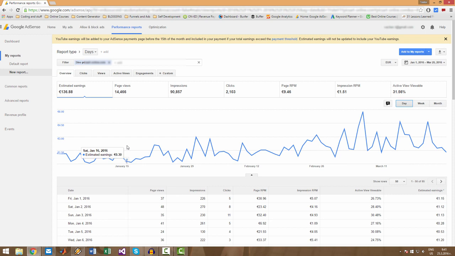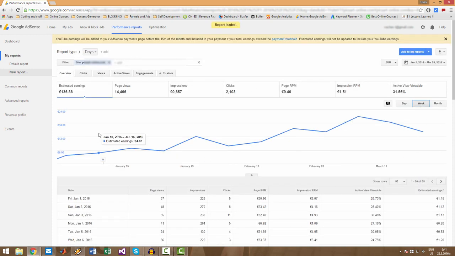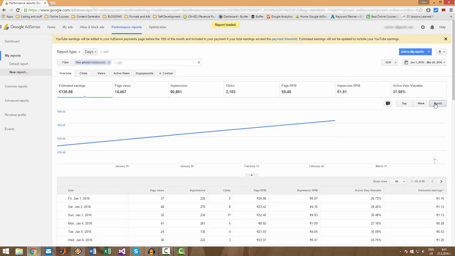You see a lot more dots on the graph. If you don't want this, you can switch to weeks. So here, now you see the earnings each week, so earnings per week, all right, or months. You can switch to months, and you get January, February, March.